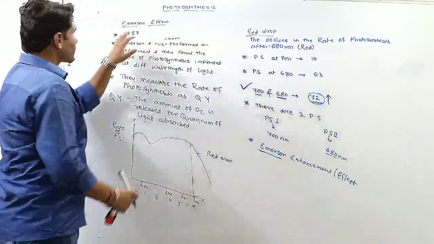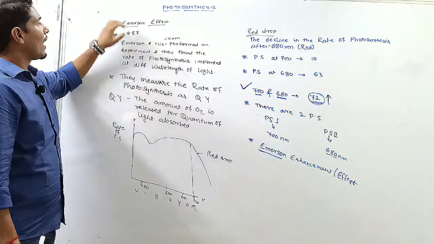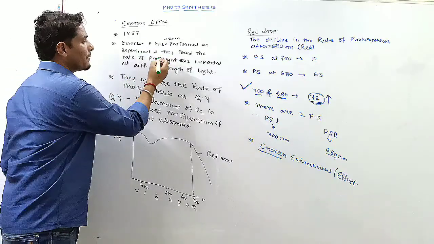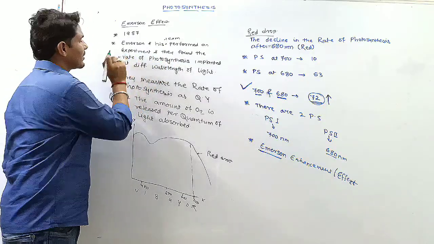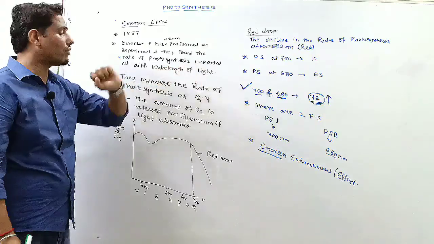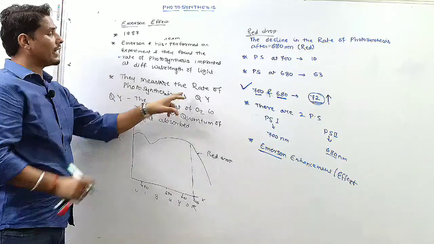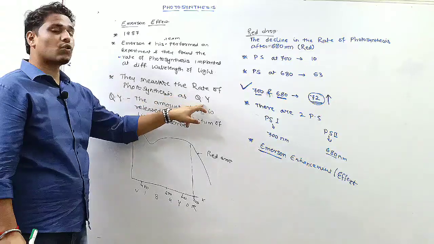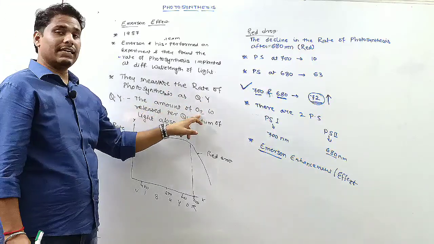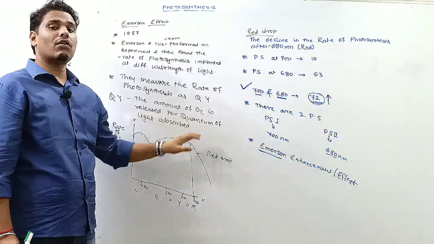Emerson performed the experiment in 1957. In the Emerson experiment, the rate of photosynthesis in plants was measured at different wavelengths of light as quantum yield. Quantum yield is the amount of oxygen released per quantum of light.